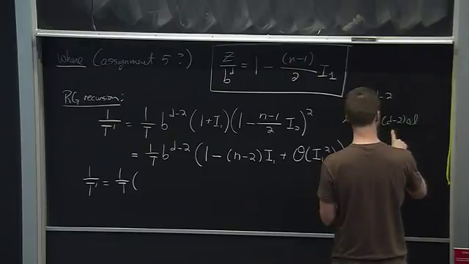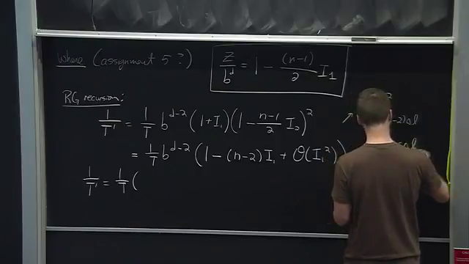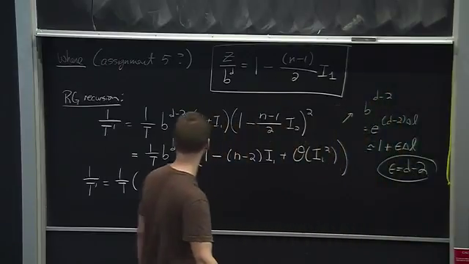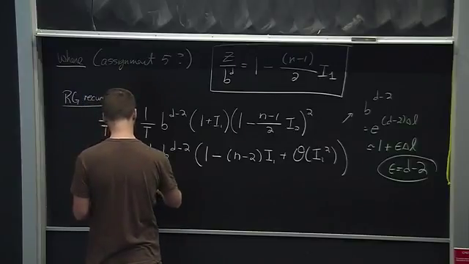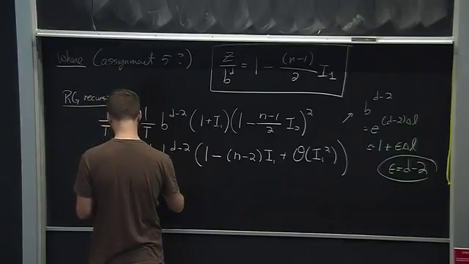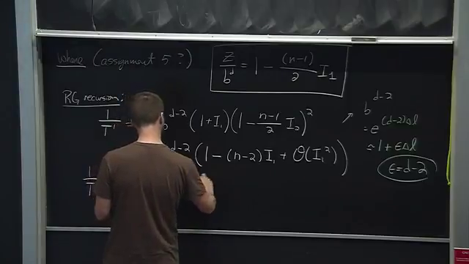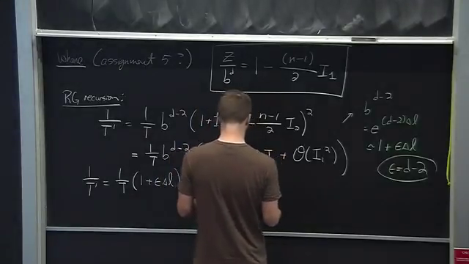And you expand this out. So it's 1 plus, and let me call that epsilon, delta L, where epsilon is equal to d minus 2. Yeah, that'll work. So then my b here, 1 plus epsilon delta L, 1 minus n minus 2.